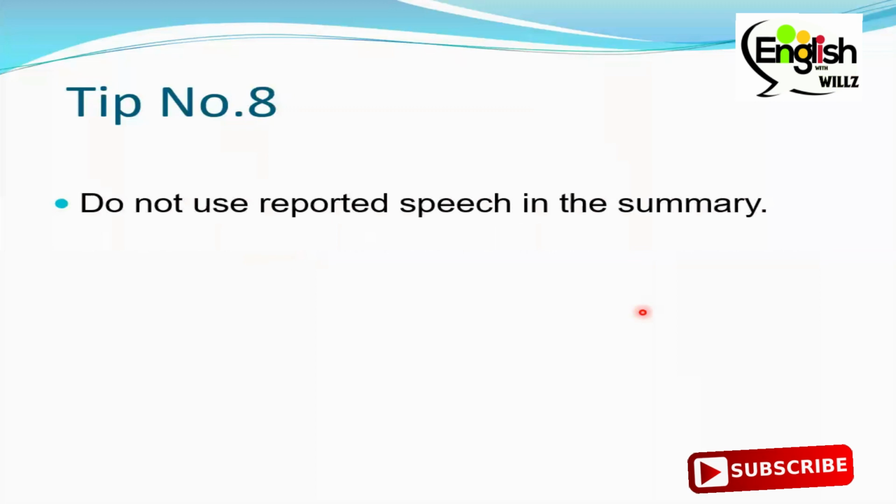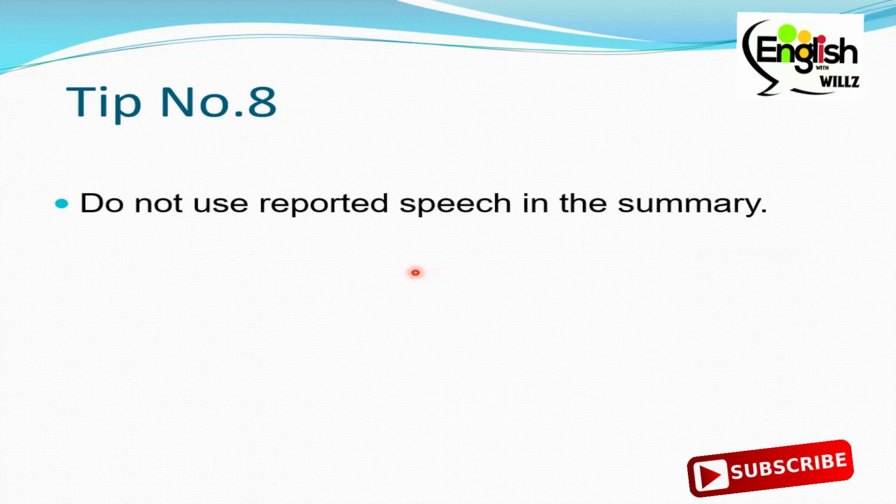Now tip number 8 says, do not use reported speech in the summary. For example, in the passage you found some reported speech written in inverted commas in the main passage, and you think that is important information to add in the summary.